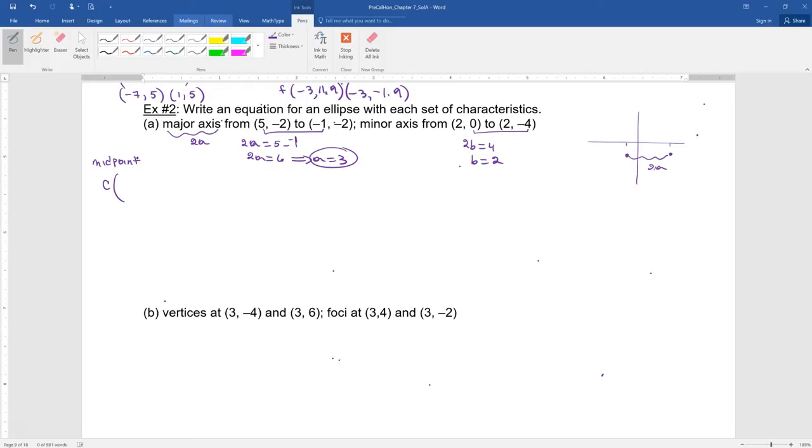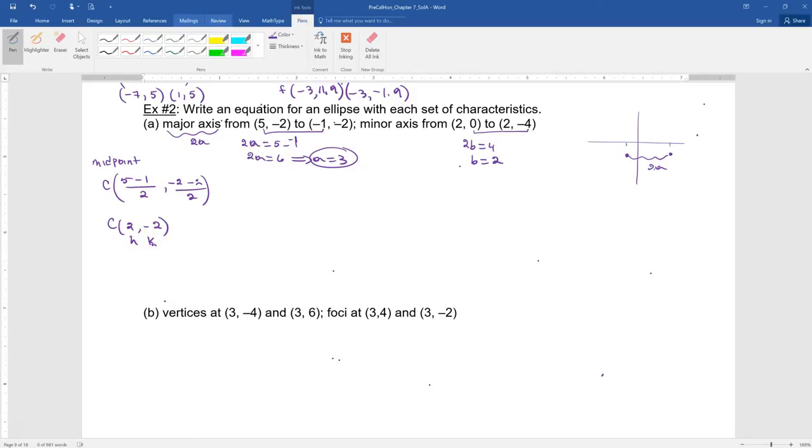So 5 minus 1 over 2. That's 4 over 2. So the center is at 2 and negative 2. And that's it. I got everything I need. Now, this is a horizontal one.